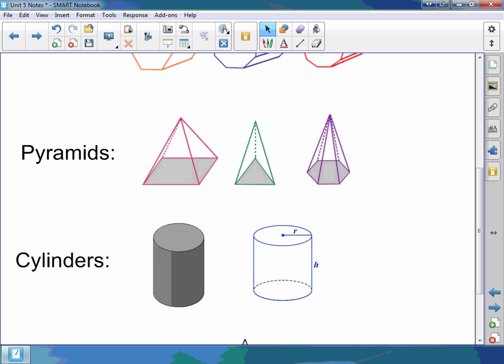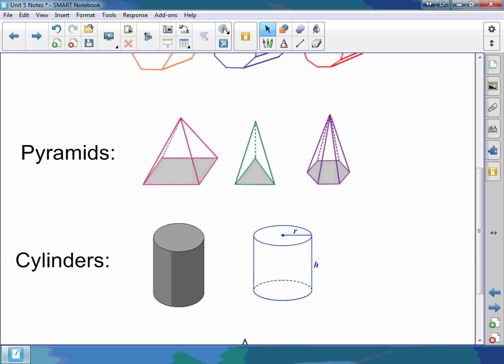This is a cylinder, hollowed out, of course. When we get into this, we're going to talk about how to make these and how much material goes into it. Something like this wouldn't require as much material because you're missing pieces to it. It's hollowed out versus something like this where you have to fill the whole thing in. So one of the jobs that we're going to have is to calculate how much cost is needed for these.